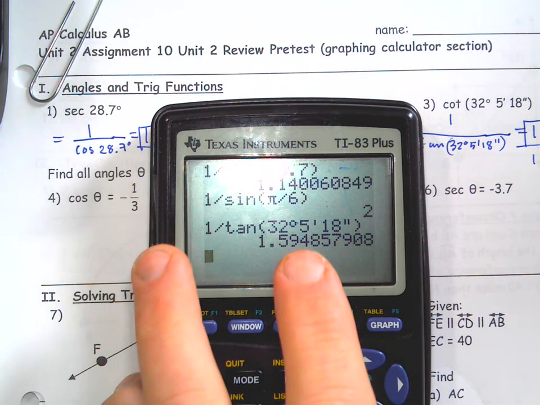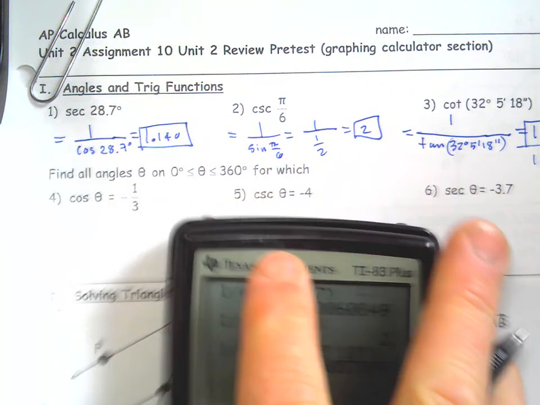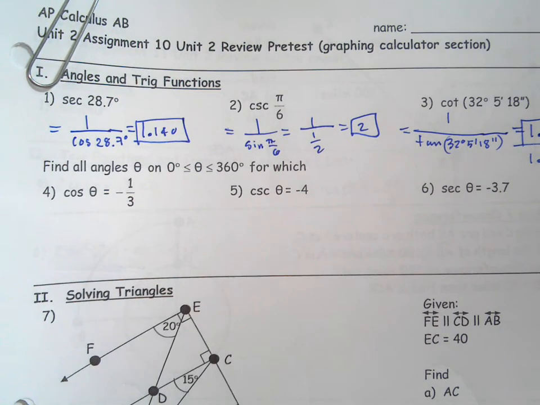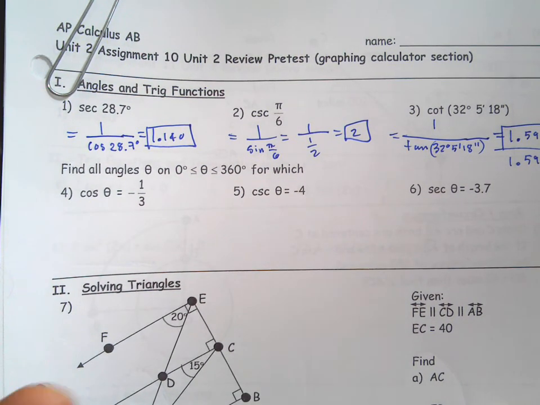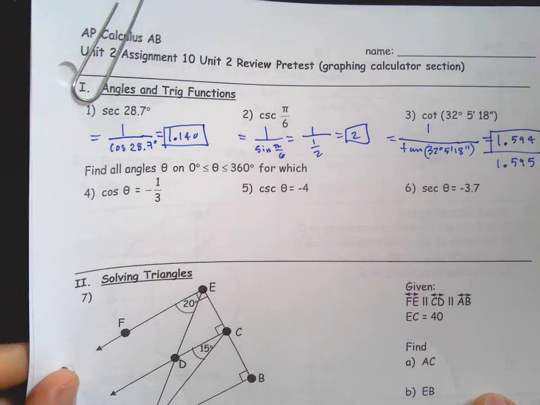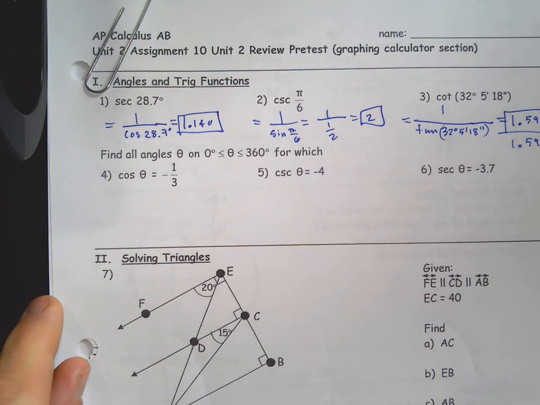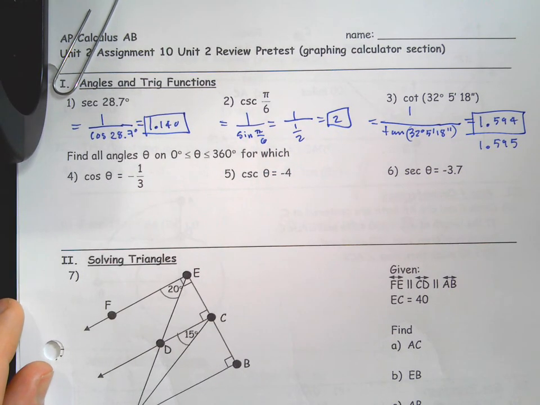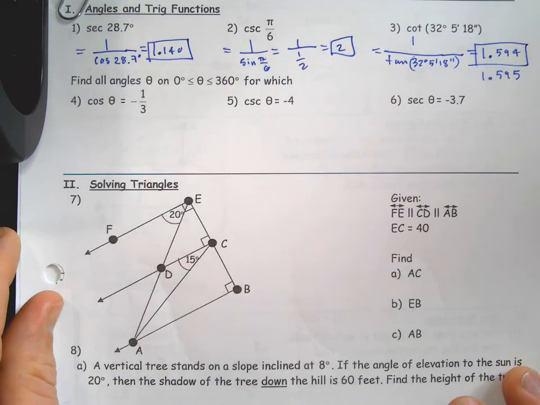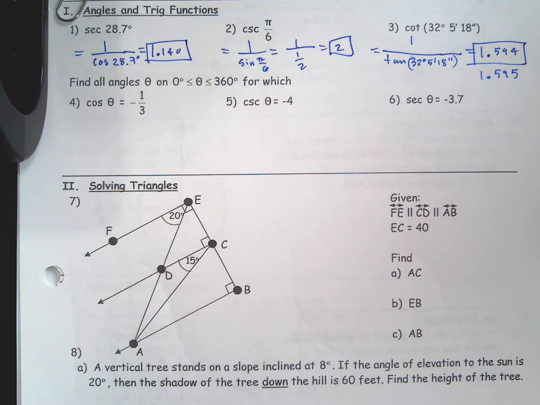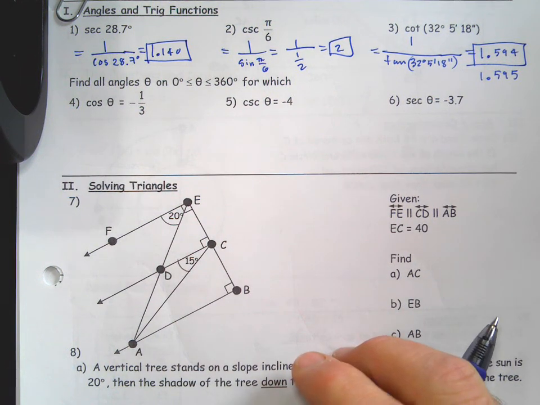The others so far, rounded or truncated, turned out to be the same. Okay. We also are solving triangles with our calculators.